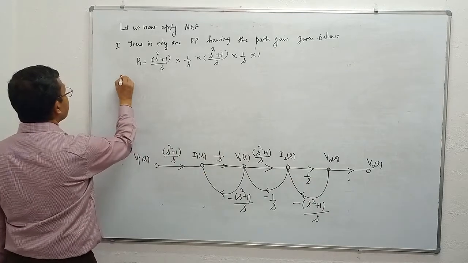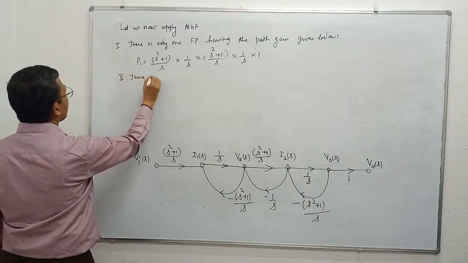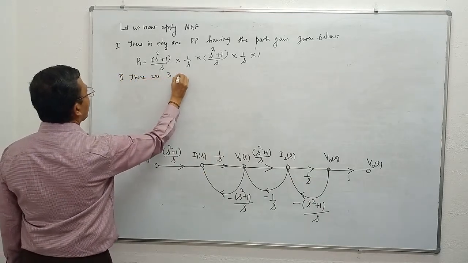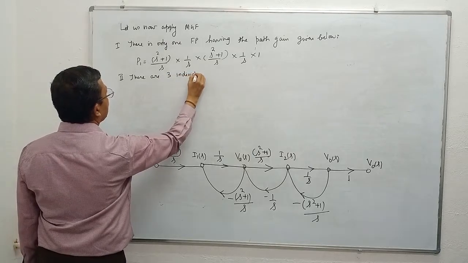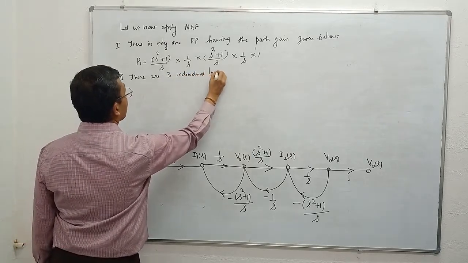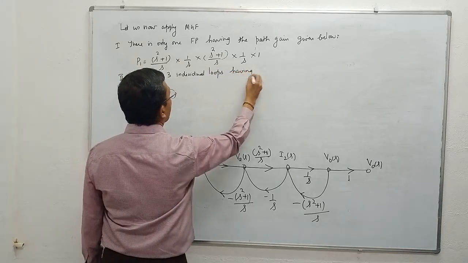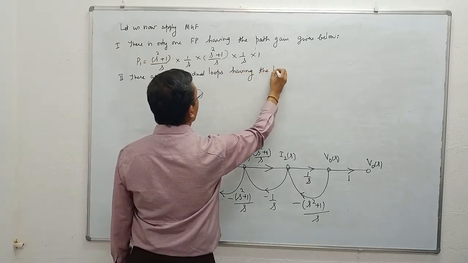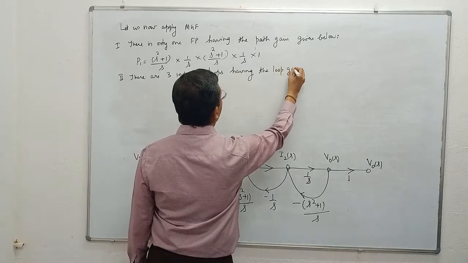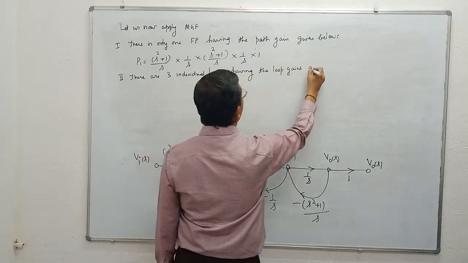Second step. There are three individual loops having the loop gains given below.